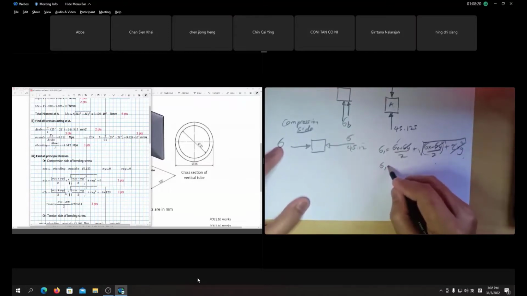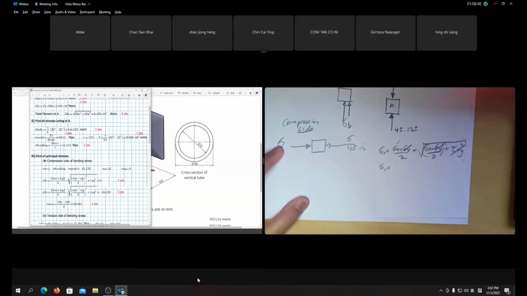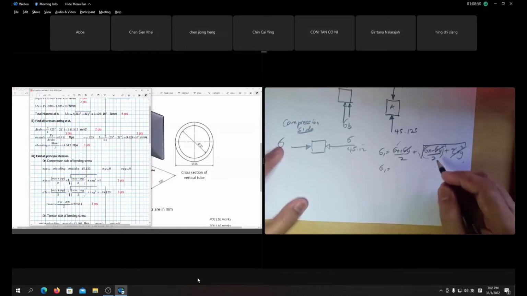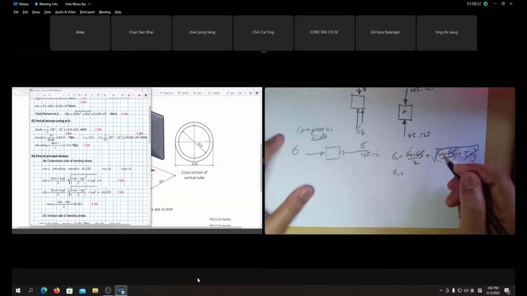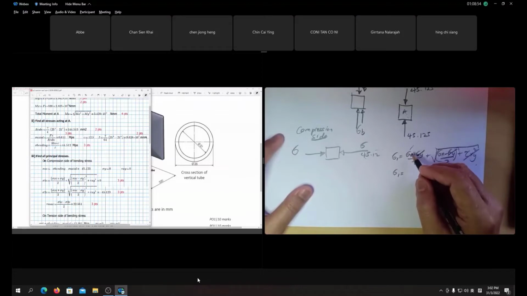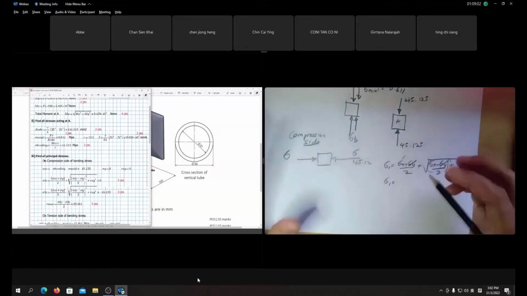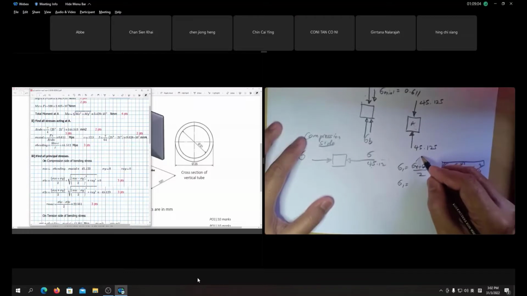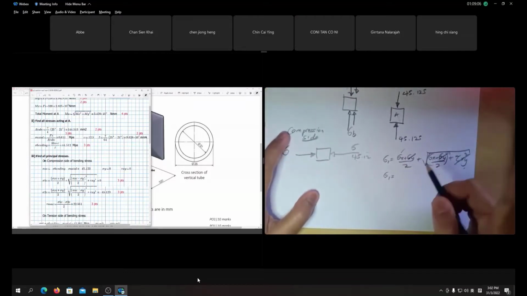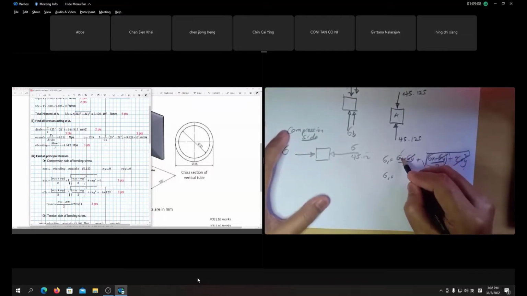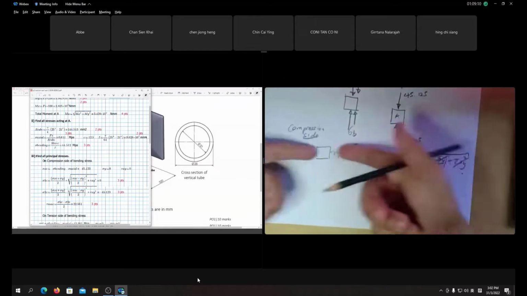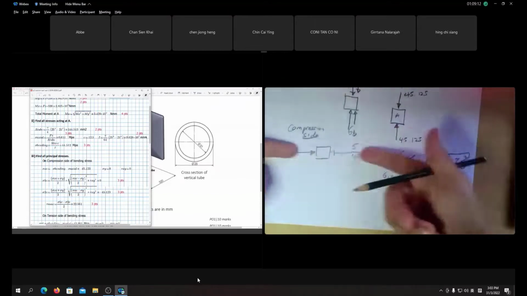So you get your sigma 1 value. Sorry guys, this is the compression side, so you go for negative, be careful about it. On the compression side, you can do the Mohr circle, where sigma 1 is sigma x. Sigma x is a negative value if you put it into the equation, be careful. Is sigma x a negative or positive value?